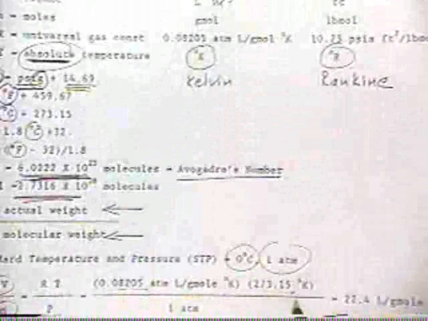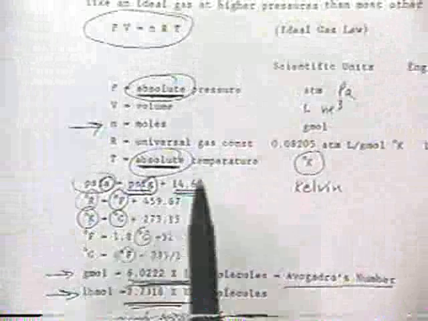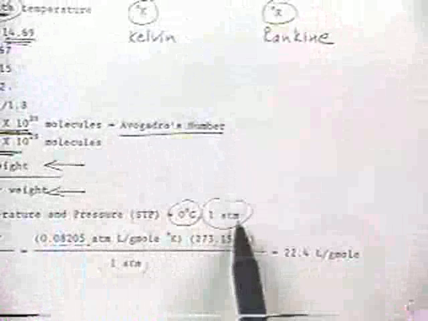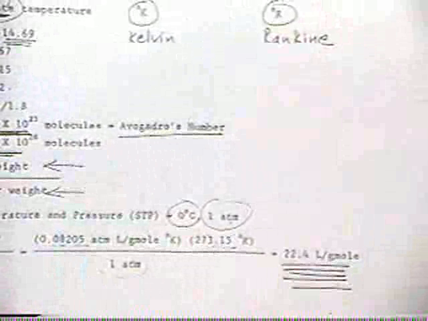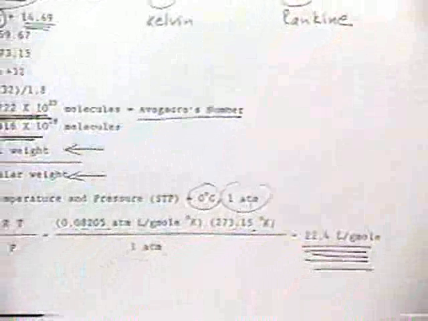There is the temperature, and what we've done is we've shifted from Celsius to Kelvin, because remember, it has to be absolute temperature. And then the pressure is 1 atmosphere. What we find is if we have 0 degrees Celsius and 1 atmosphere, there are always 22.4 liters of ideal gas in a gram mole.